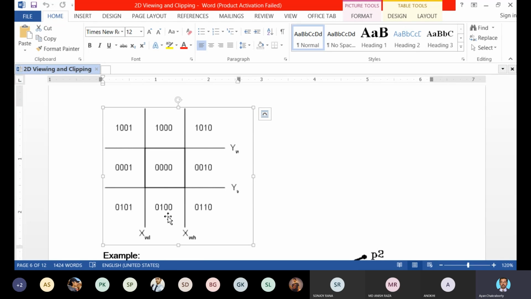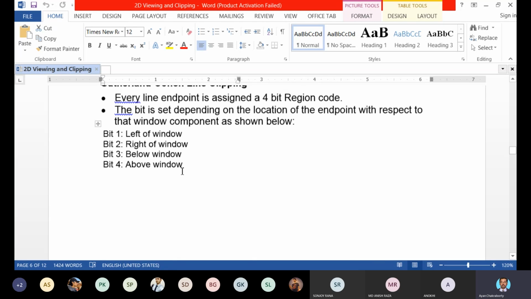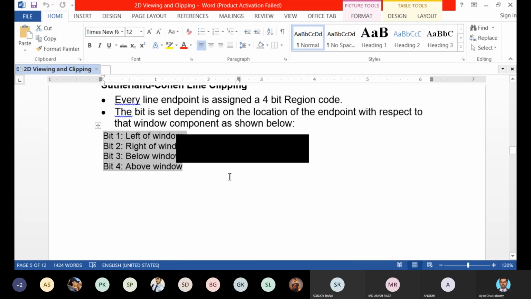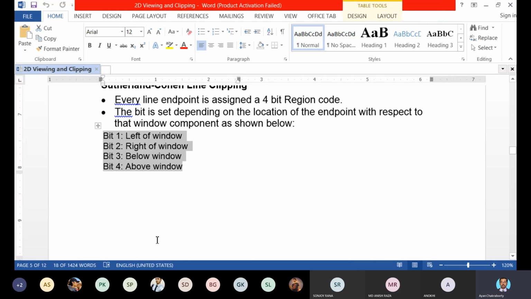And for the central region, the central region is not at the left side of the window, not at the right side, not below the window, and not above the window. So all the region code bits are 0 here: 0000. So these are the 9 region codes we have created according to this logic.